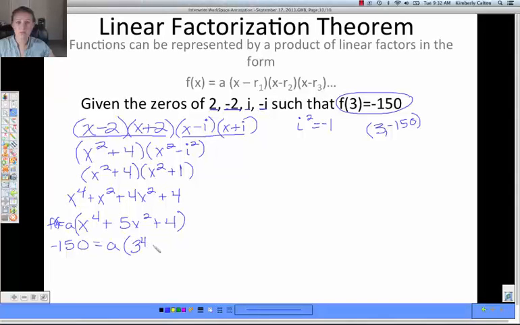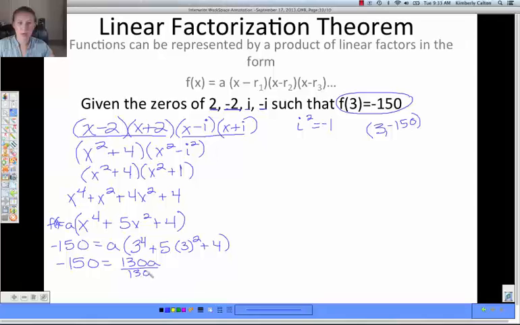So I have 3 to the 4th plus 5 times 3 squared plus 4. So I'm going to dig out my calculator right quick and do 3 to the 4th power plus 5 times 3 squared plus 4. And when I do that, I get negative 150 equals 130a.